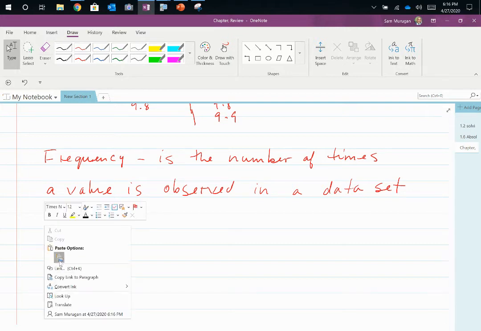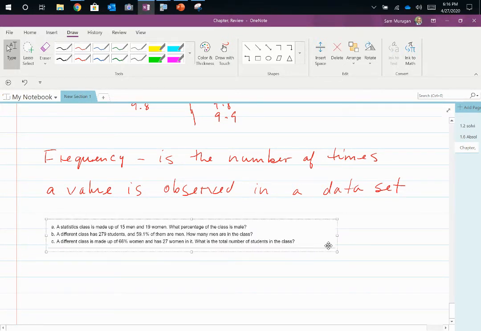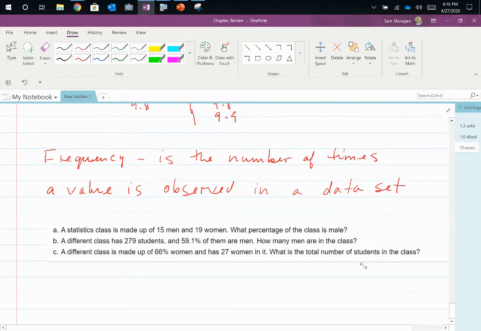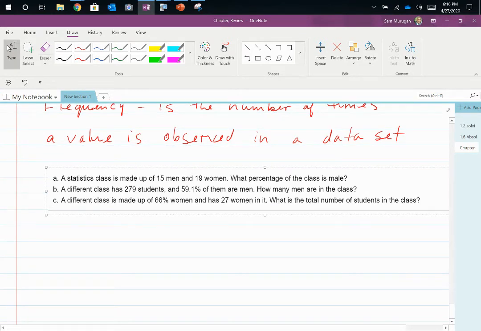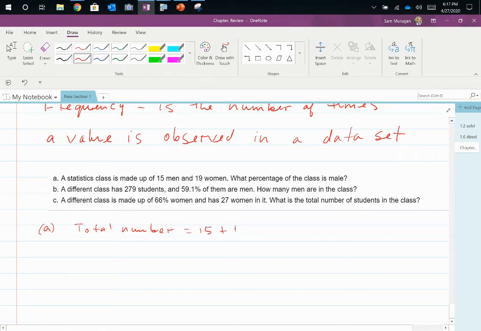Now, moving on, here's another problem. A statistics class is made up of 15 men and 19 women. What percentage of the class is male? So part A. First, the total number in the class, male and female, is equal to 15 plus 19, which is 34.